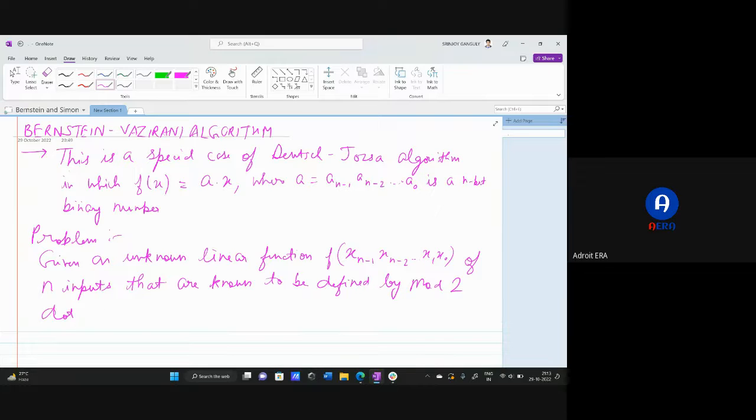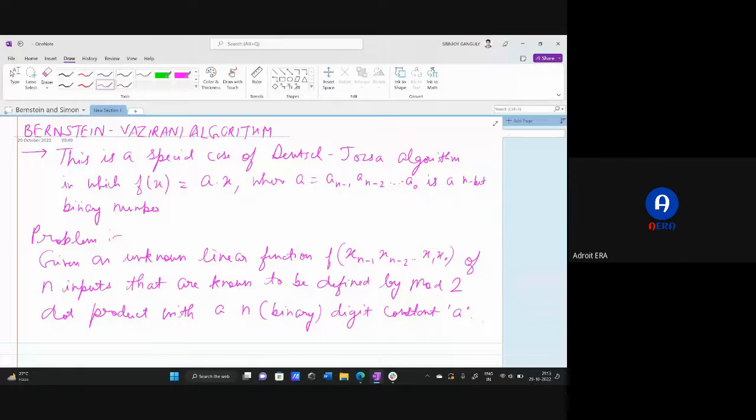dot product with an n binary digit constant a. So what it is saying is a dot x. What is a dot x? What is that dot product?